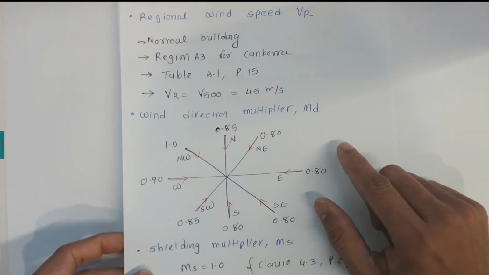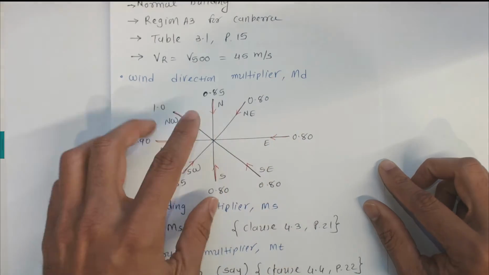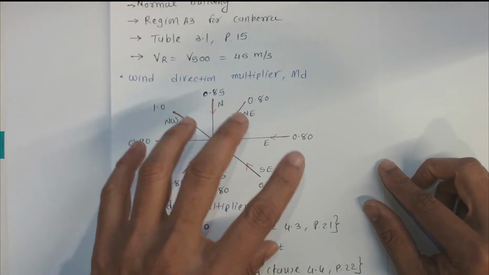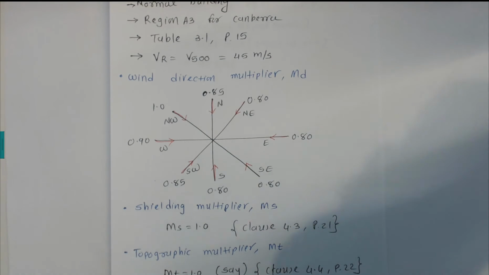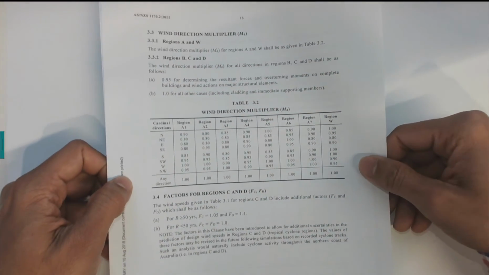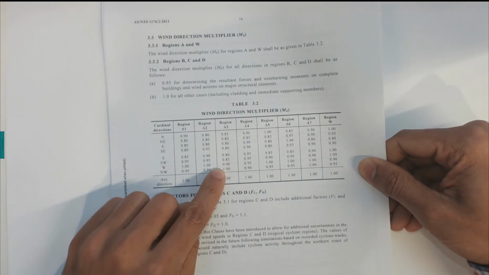Now next one, we like to find the wind directional multiplier, MD. The wind direction multiplier has 8 different values. That is given in table 3.2 on page number 16, and we are in region A3.